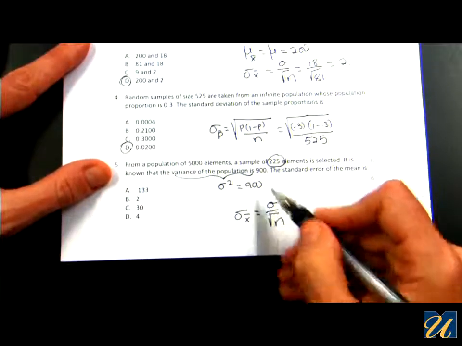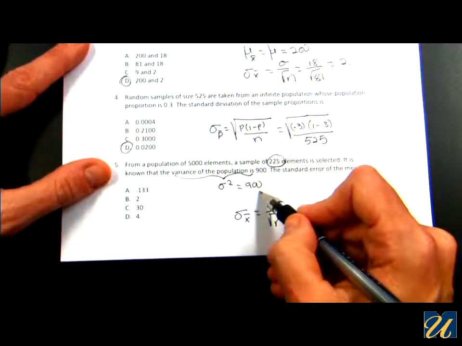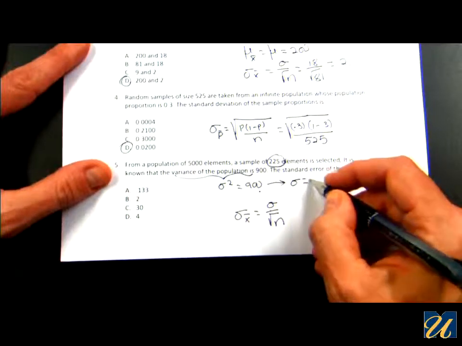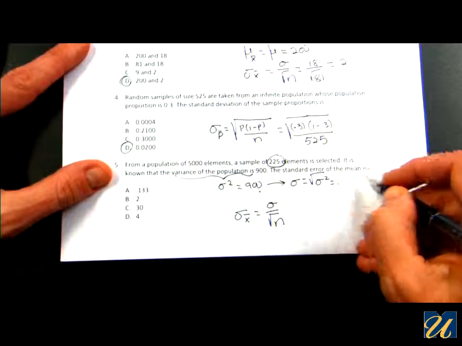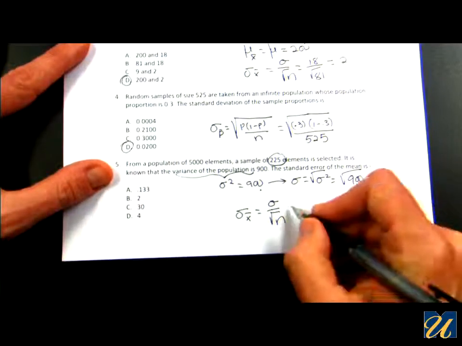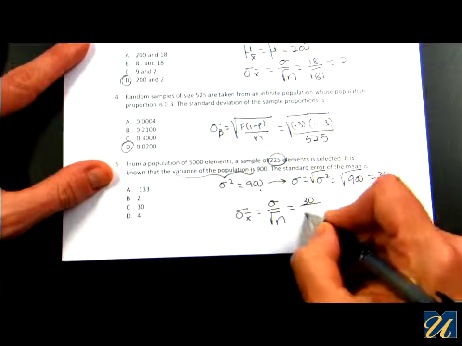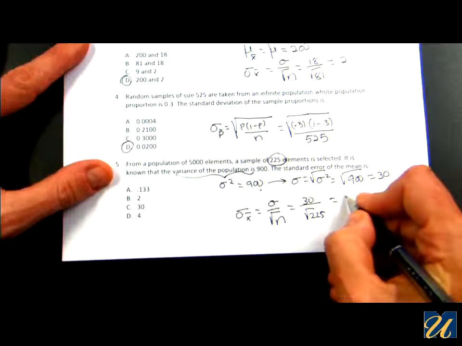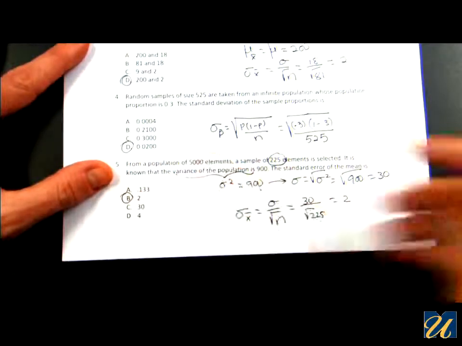I do not have sigma. However, I can find sigma from sigma square, from the variance. Sigma is equal to the square root of the variance, square root in this case of 900, which is equal to 30. So 30 over square root of 225, and this will be equal to 2. So the correct answer is B.